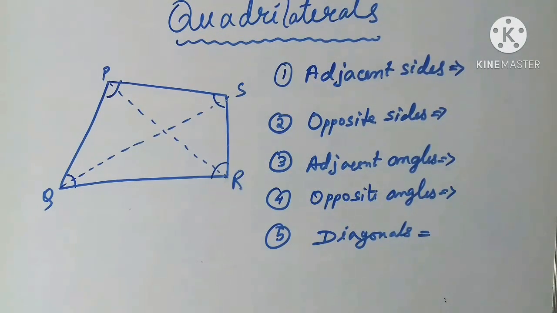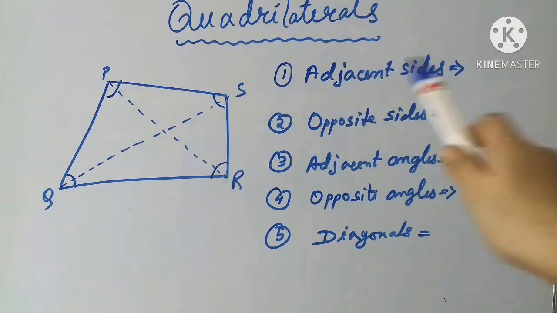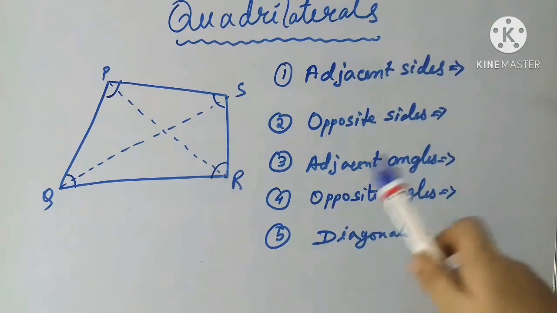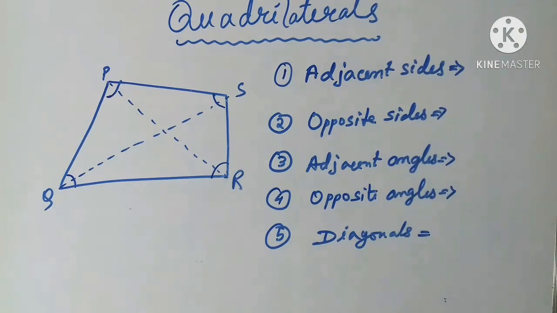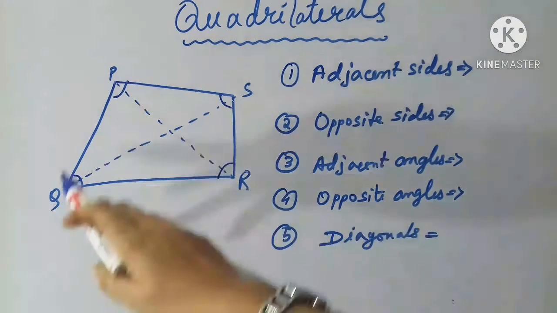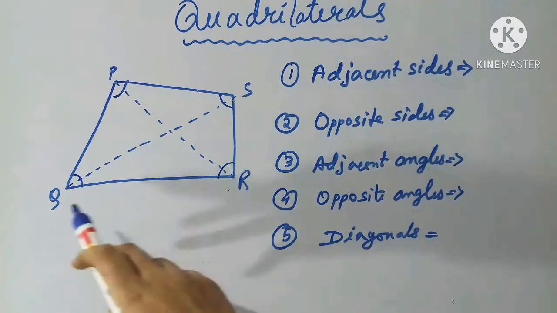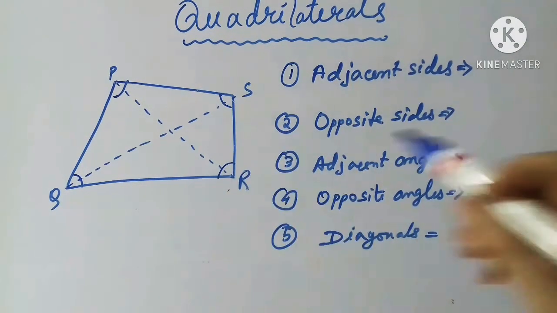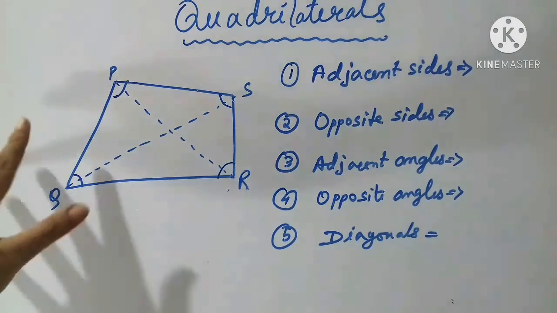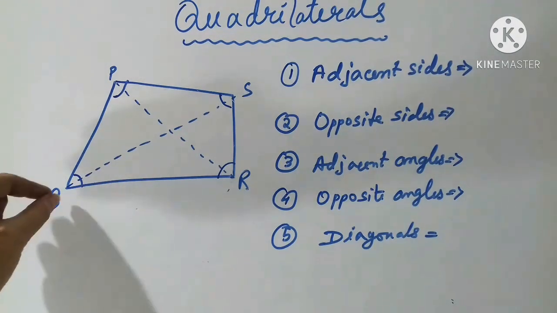These are the basic characteristics, and some elements I wrote here: adjacent sides, opposite sides, adjacent angles, opposite angles, diagonals. You should be clear about these. First of all, what are adjacent sides? PQ and QR are adjacent, QR and RS are adjacent, meaning they are connected to each other with a common vertex.